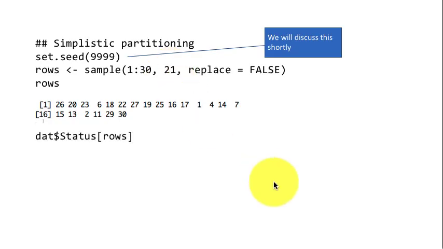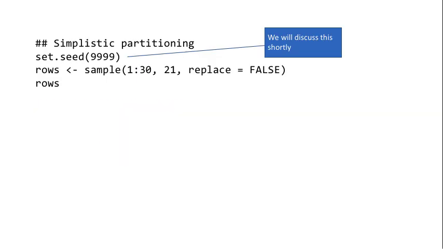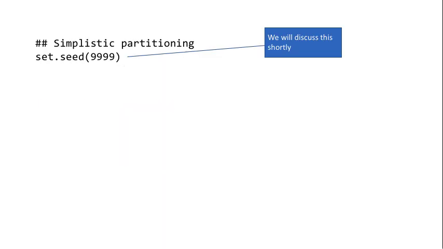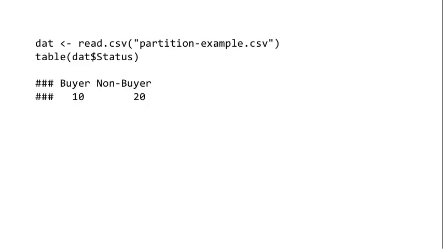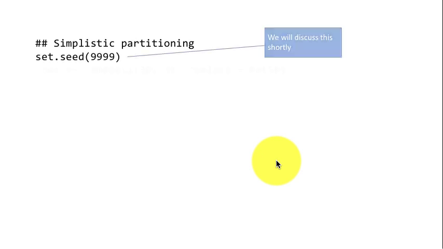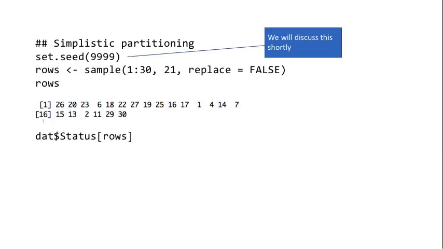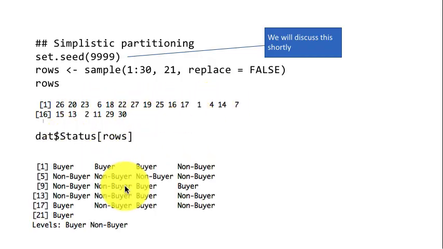Now let's take the status of the elements from our original data frame, dat. From dat, let's look at the status of the selected rows, meaning these are the row numbers that were selected: row number 26, row number 20, row number 23, etc., and row number 30. So now let's take a look at, for each of those rows, whether the corresponding element is a buyer or non-buyer.